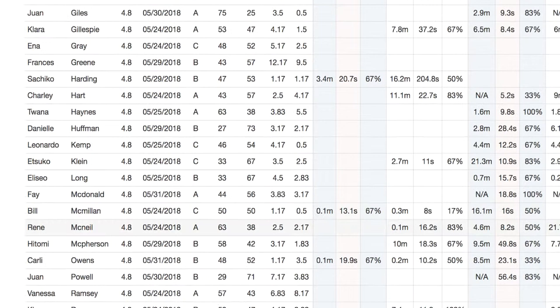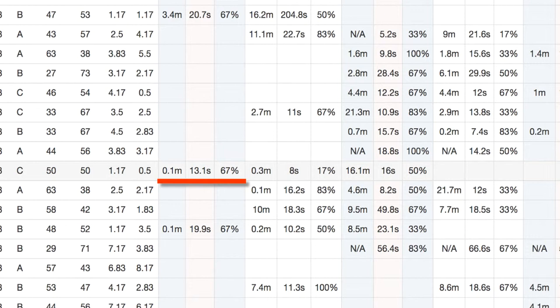Now let's come down here to this student, Bill. So Bill spent 0.1 minute reading a 1st grade passage. He did get mastery, okay? Then he spent 0.3 minutes reading a 2nd grade passage. He spent 8 seconds per question, 17%, and then also looks like somehow he was given a 3rd grade passage. Maybe he started off higher, went lower.